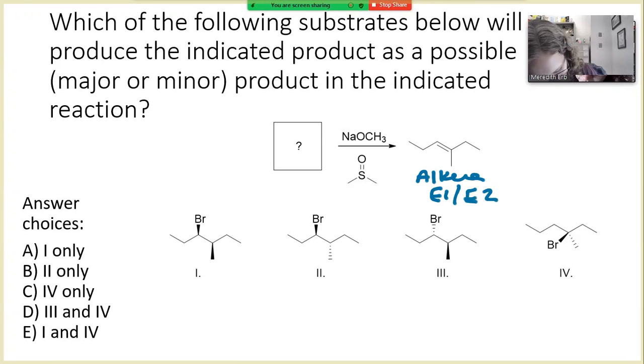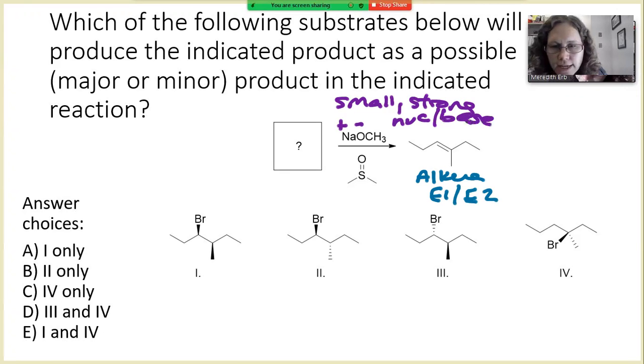If we take a look at our reagent, that'll be another big indication of which mechanism happened. So we have sodium methoxide, which is a small, strong, because of the negative charge on the oxygen, nucleophile/base. So we know in this reaction it's acting as a base because we make an alkene product.